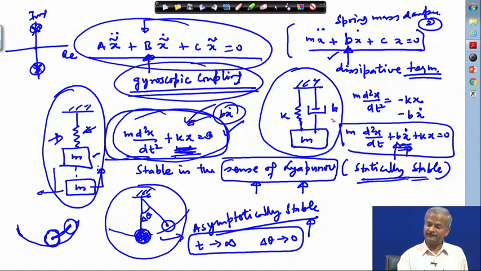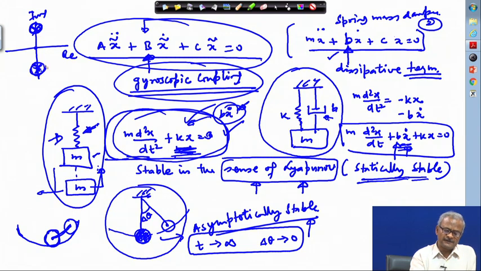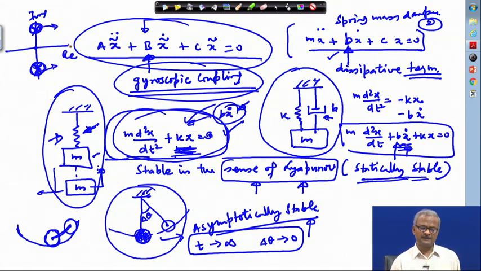If we put a damper here, it is just a modeling of this resistance. Energy is lost in the spring, and energy is dissipated because of the motion due to air resistance. All those things can be modeled through the b times x dot term. But in practice, many systems are such that if the poles are on the imaginary axis, they absorb energy from the environment and the poles move into the right half complex plane, and therefore such systems mostly become unstable.